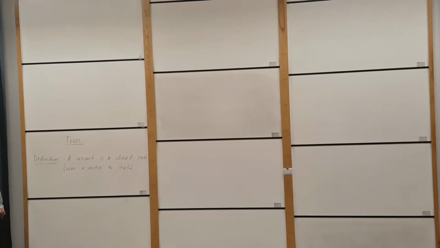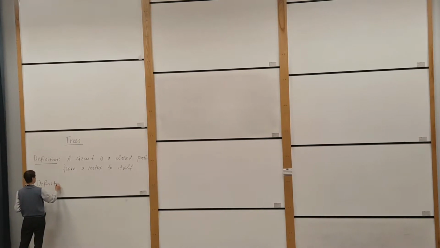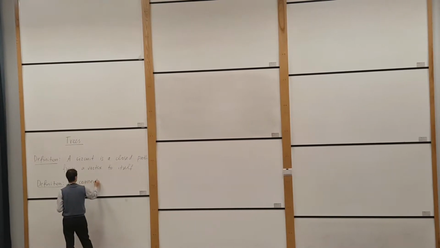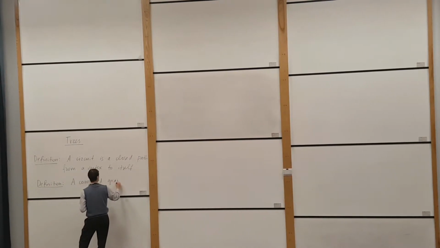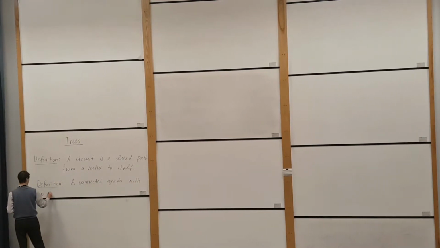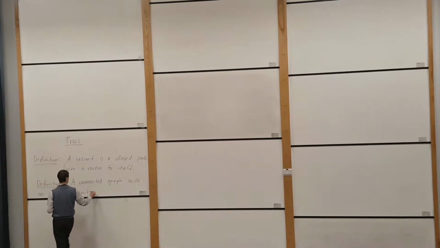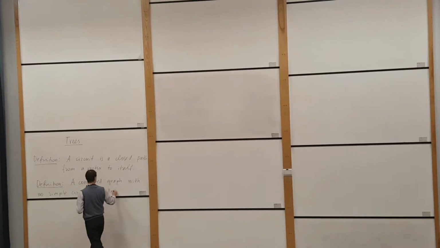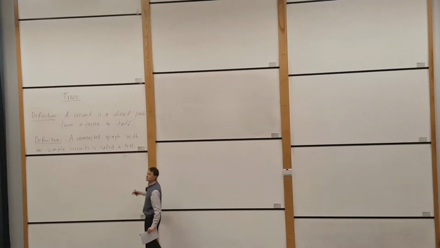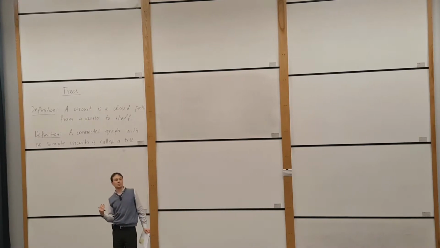A connected graph with no simple circuits is called a tree. When we define paths, we define simple paths as those paths in which no edge is used more than once.